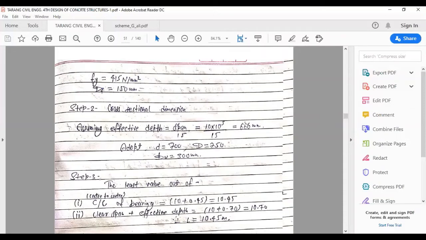So for the conservative and safer side, we'll adopt the value of effective depth as 700, and including cover, the total depth becomes 750 mm. And breadth of web is taken as 300 mm.